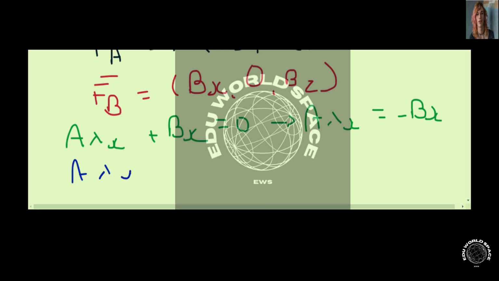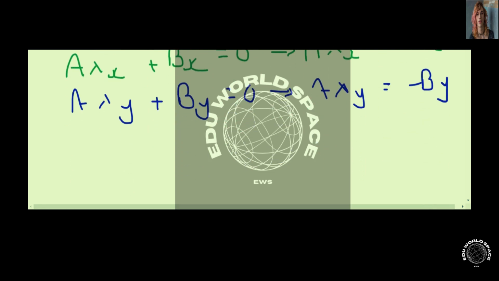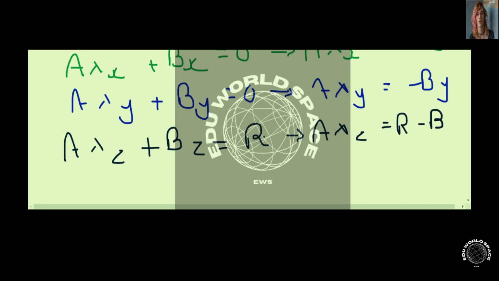A lambda y plus By is equal to 0. So, A lambda y is equal to minus By. And similarly for the z component, A lambda z plus Bz is equal to R. So, A lambda z is equal to R minus Bz.